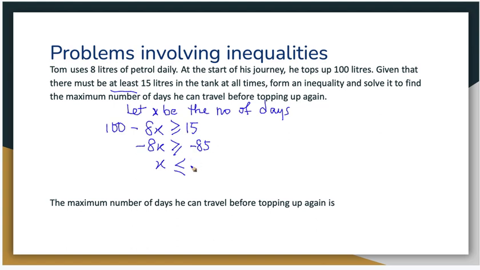Right, this one is 10 and 5/8. Now, so the number of days, the maximum number of days he can travel before topping up again. So a day should be a whole number, is 10 days.